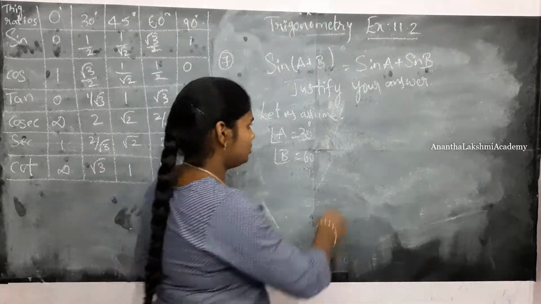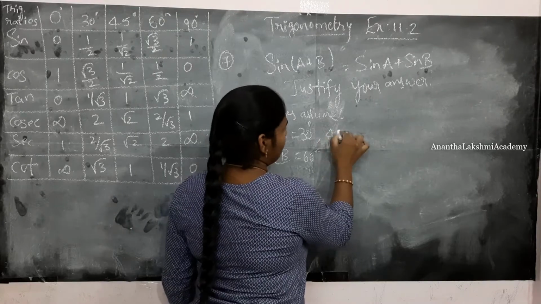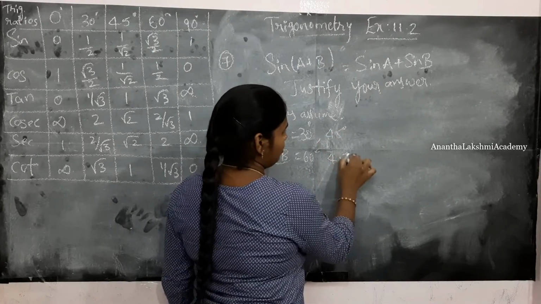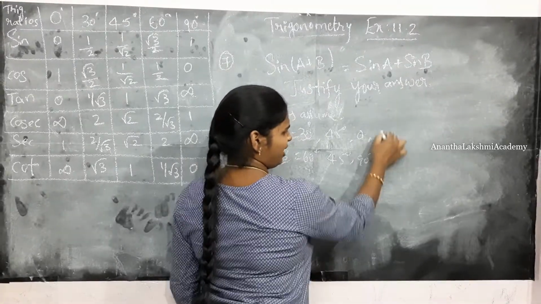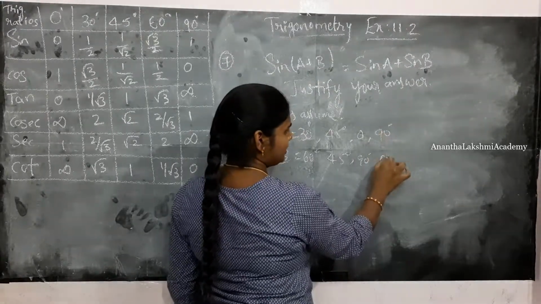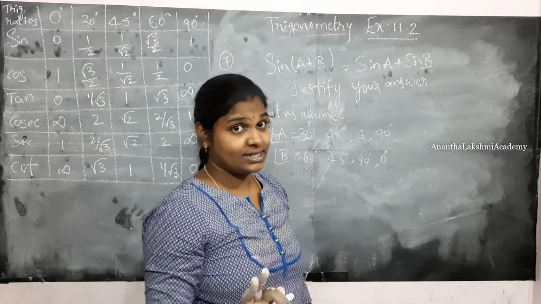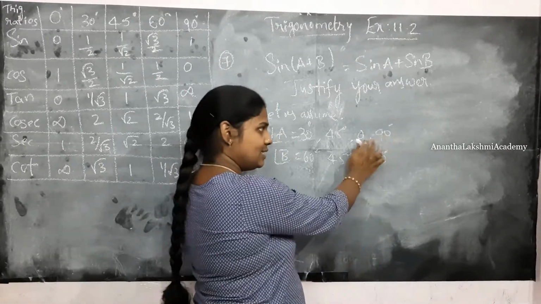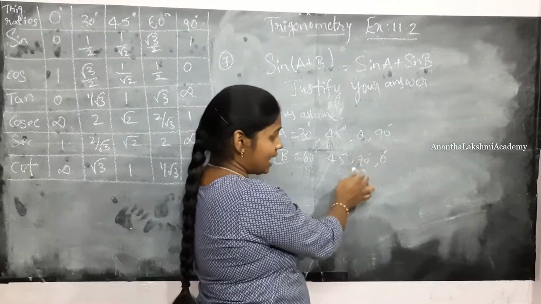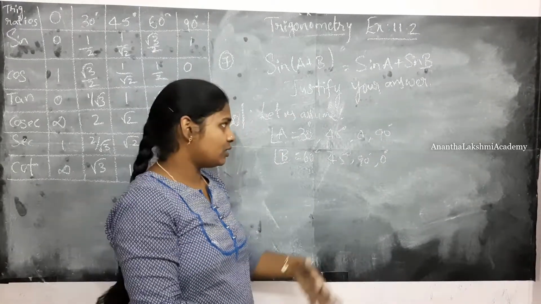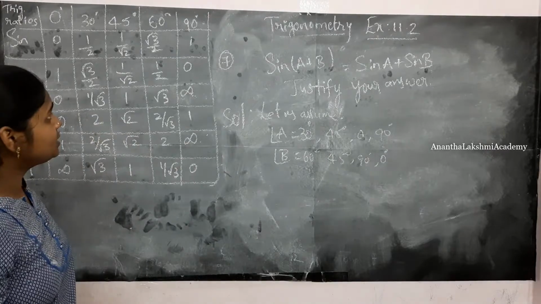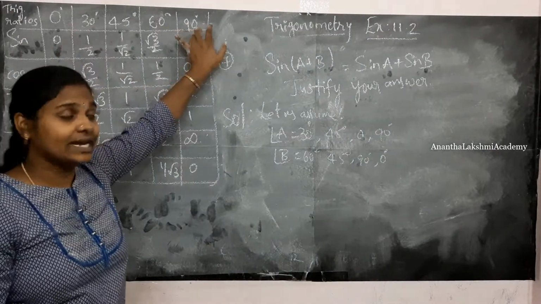I can also assume 45, or 0 and 90, whatever option you like. But if you are considering one angle as 0 or 90 degrees, make sure the other angle is also within range, especially because we know from our trigonometric table only values up to 90 degrees.